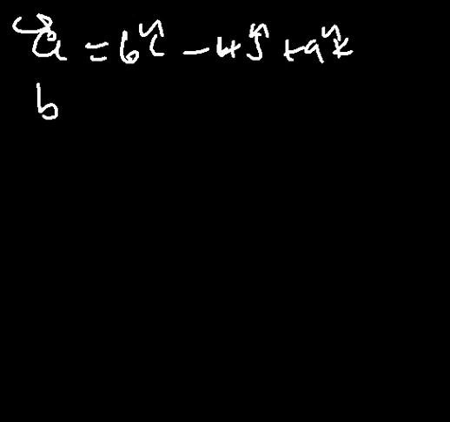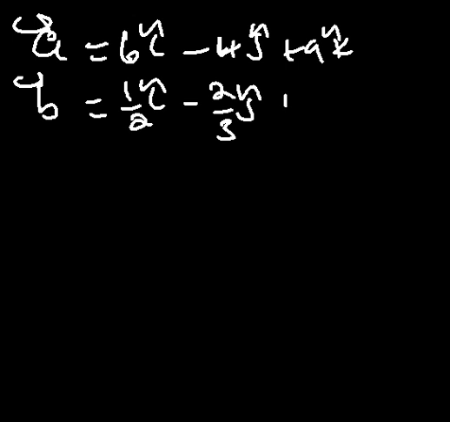And let's say we have a vector B that is given as 1 over 2 i, minus 2 over 3 j, and plus 3 over 4 k.